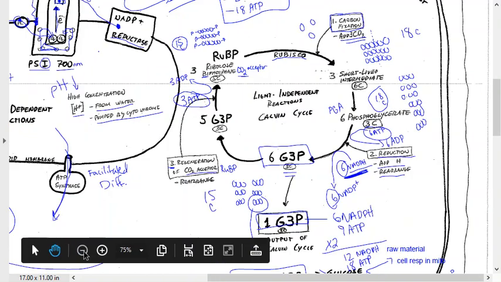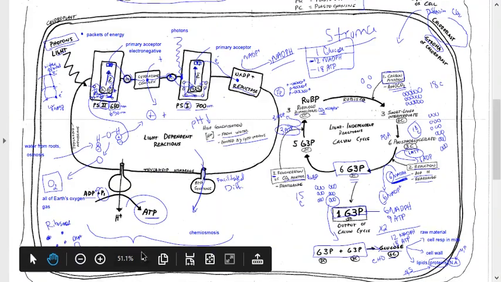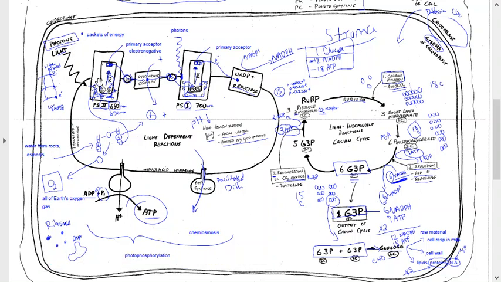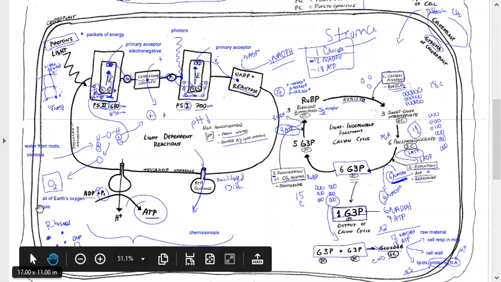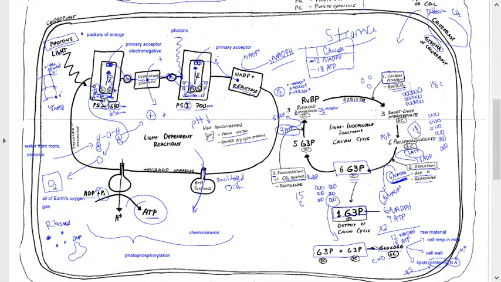So if we zoom all the way out, we've made glucose. Let's keep track of our substrates and our products. We had light as a substrate coming in and exciting electrons. We had water coming in as a substrate, which donates electrons to replace the ones lost in photosystem 2.